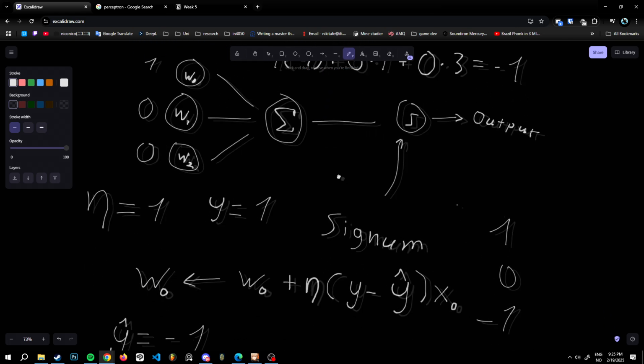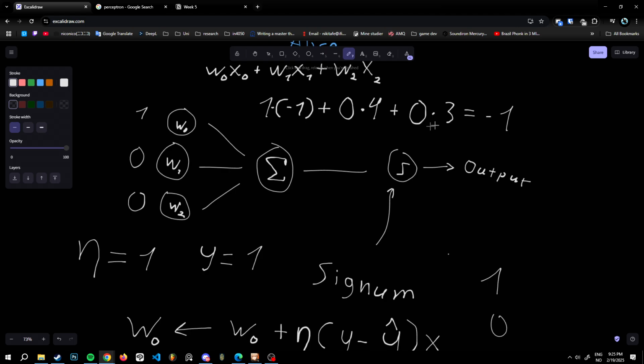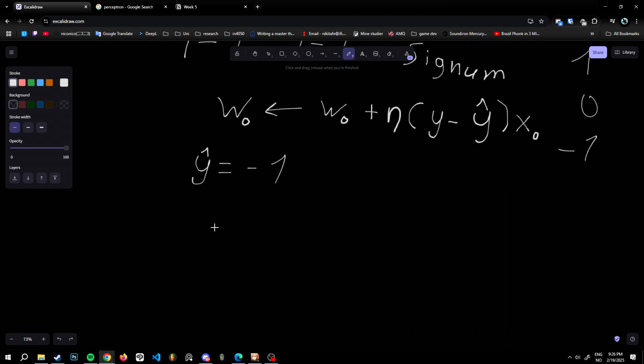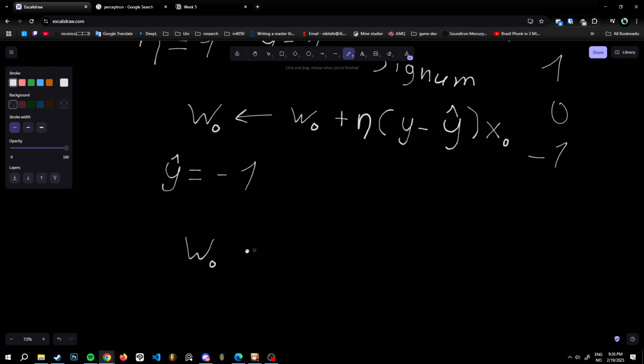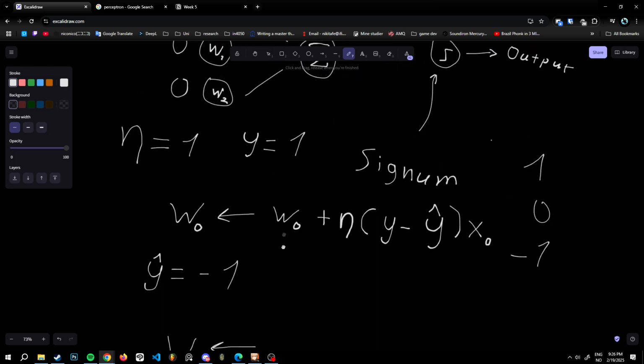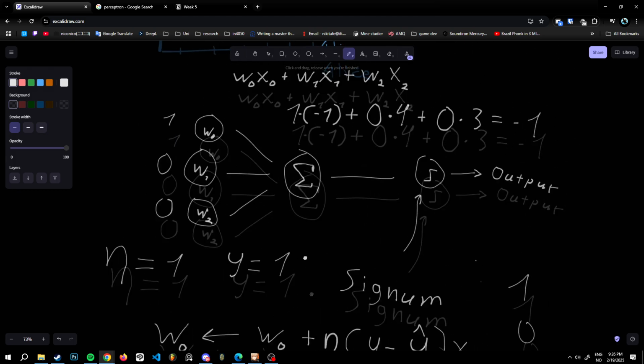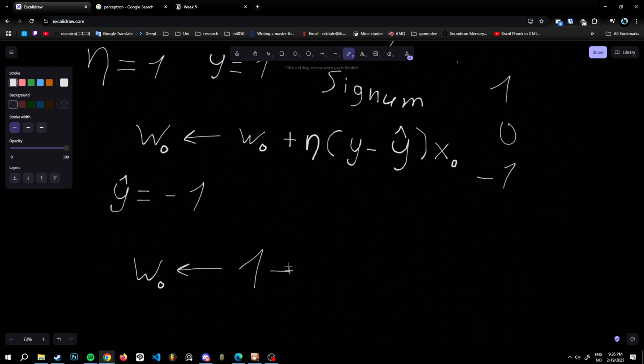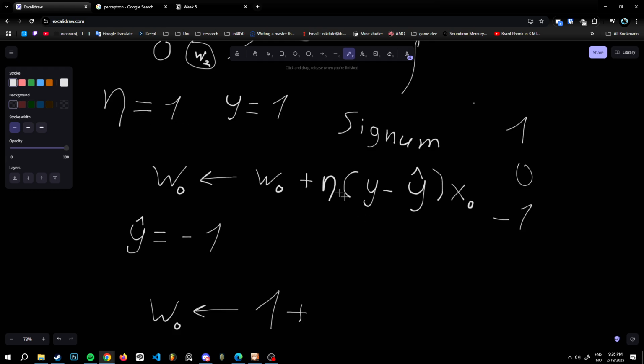We can look at our cheat sheet, which is our define function right over here. We do not know what the new weight will be, so let's just say weight 0 for now. But the W0 is going to be 1, plus the learning rate n.